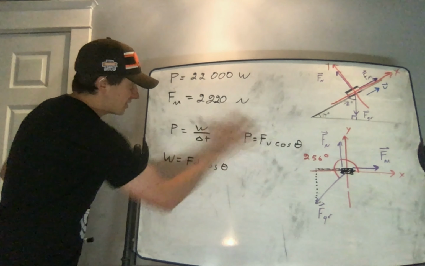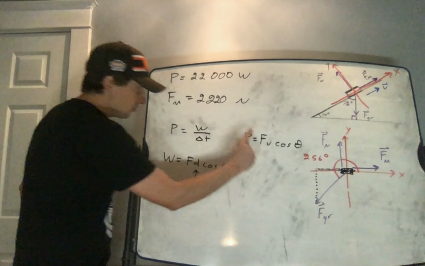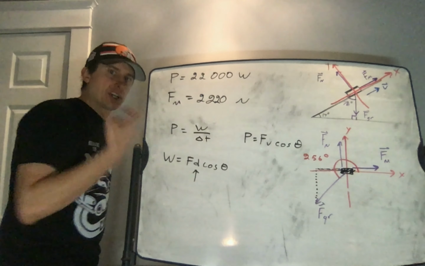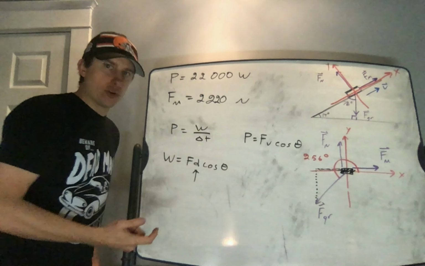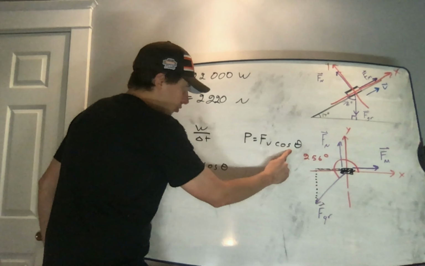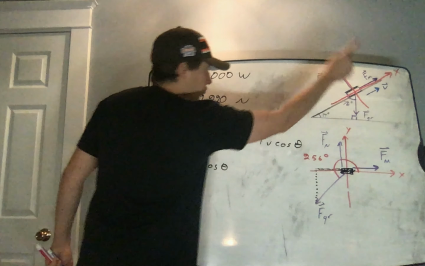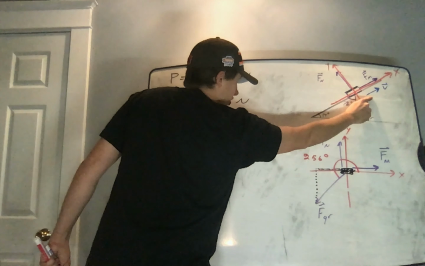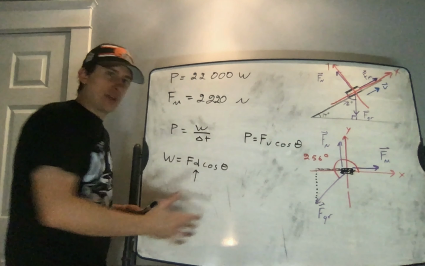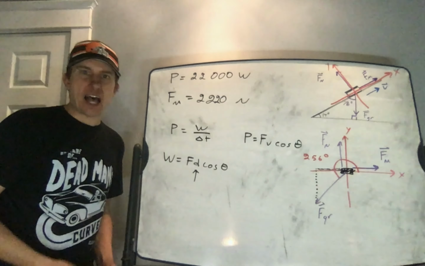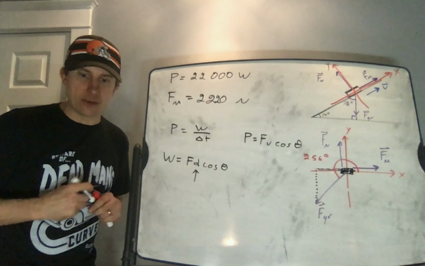However, if I look at this other equation, we know the force with which the skiers are being pulled by the motor, we know the power of the motor, and we know the angle between the direction of the force of the motor and the direction with which the skiers are moving. So in this second equation, we have everything we need except velocity, which is what we're trying to find anyway.